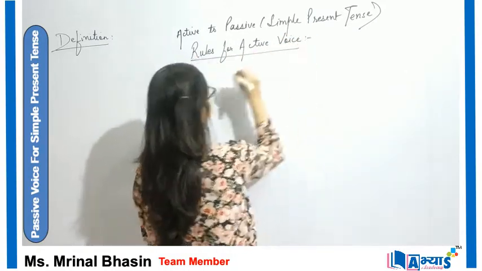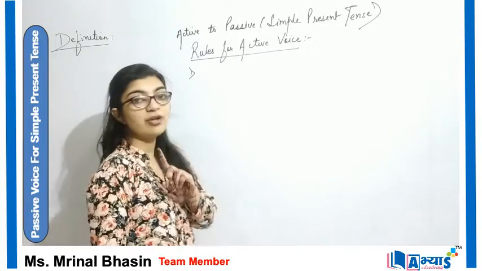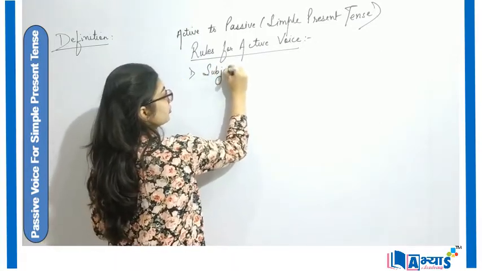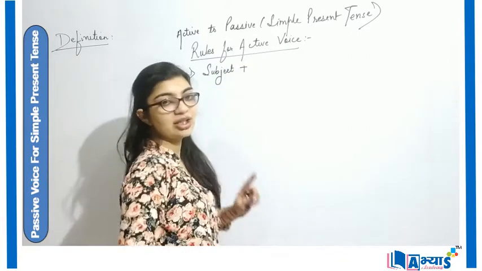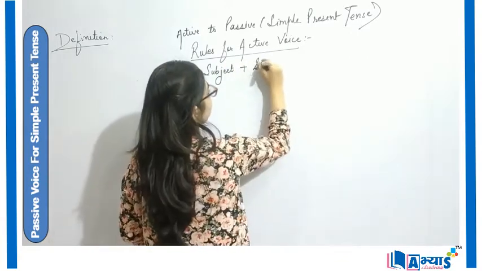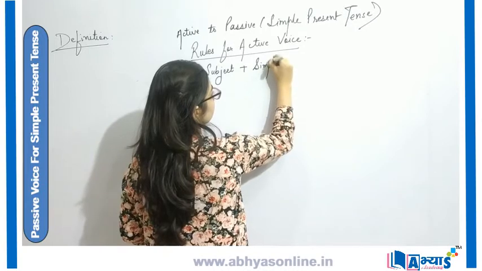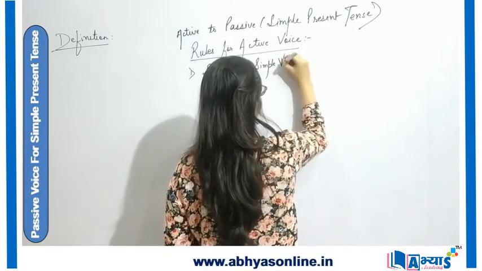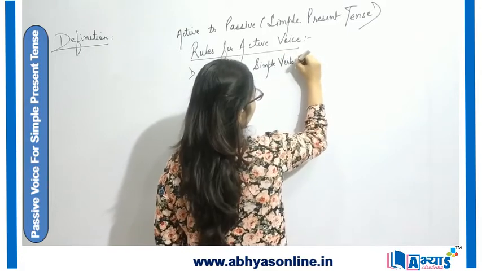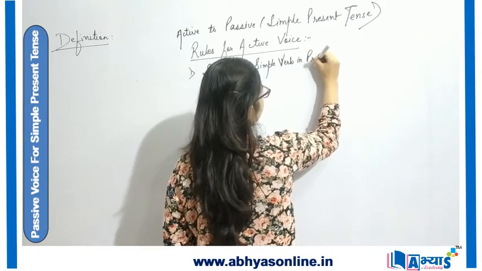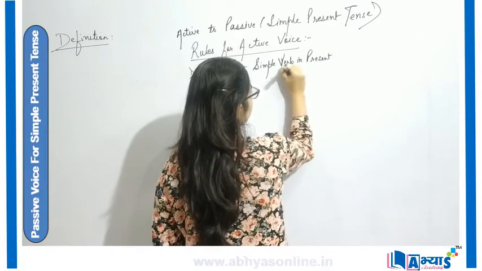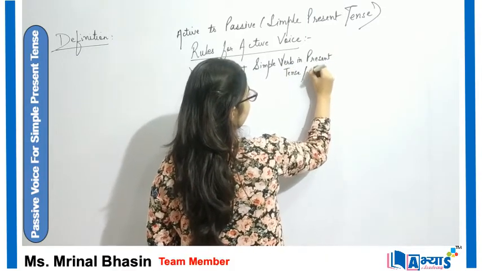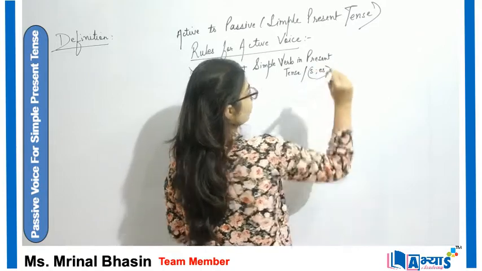Remember that the sentence will first be followed by a subject, then it will be followed by a simple verb in present tense. It can be S or ES, right?